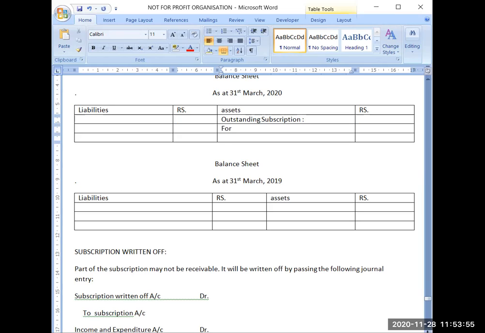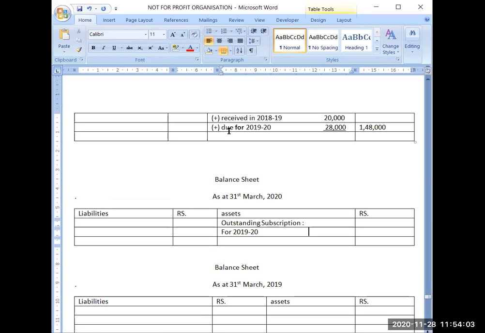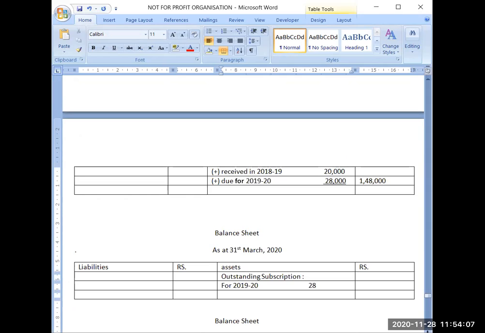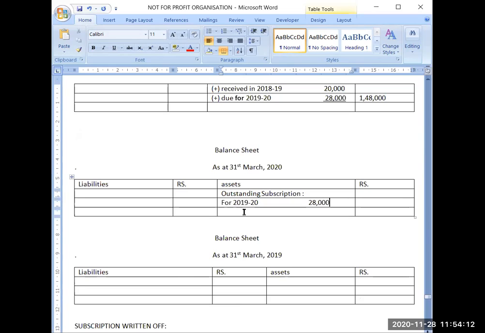For 2019-20, the amount outstanding is 28,000, and for last year, meaning 2018-19, the amount outstanding is 2,000.